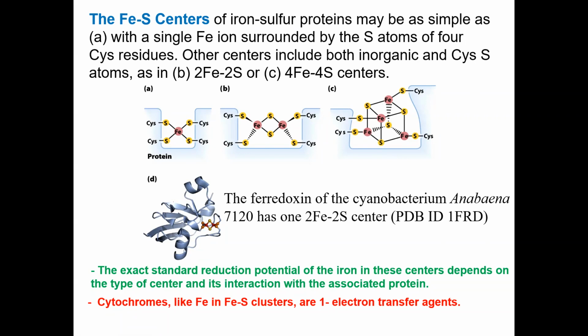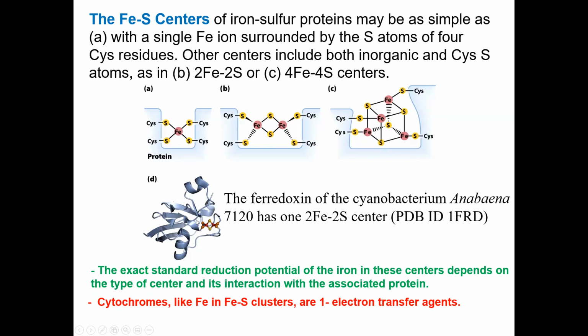So what is the difference between iron sulfur proteins and cytochromes? In iron sulfur proteins, iron is present not as a heme, but in association with inorganic sulfur atoms and organic sulfur atoms, like from cysteines.